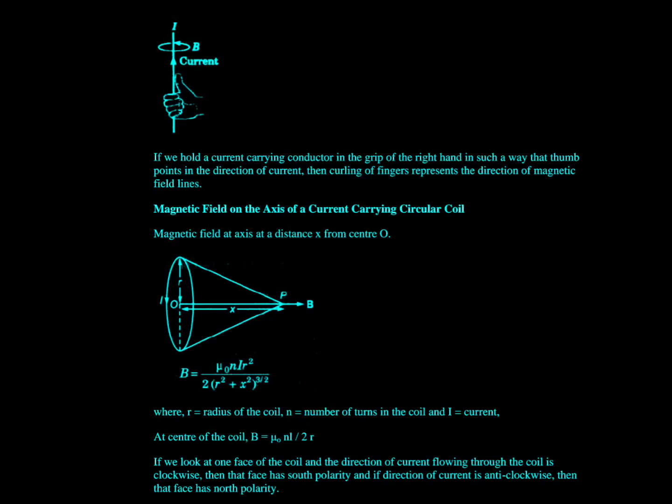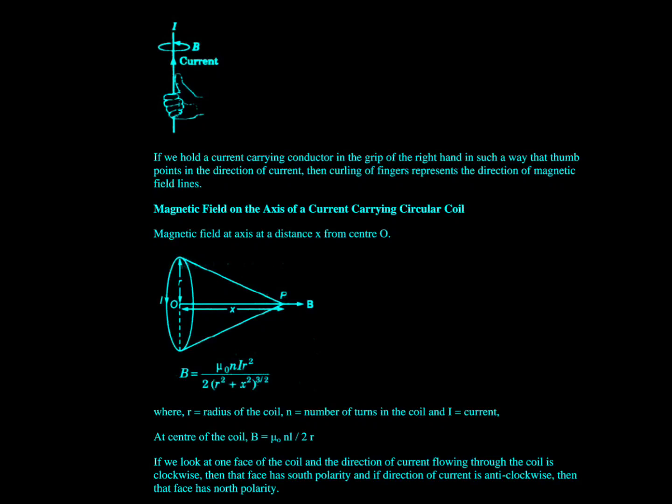Imagine a current flowing through this circular coil in the anti-clockwise direction, and the coil has a radius r. We consider the loop as made up of very small current elements through which the current I is flowing.